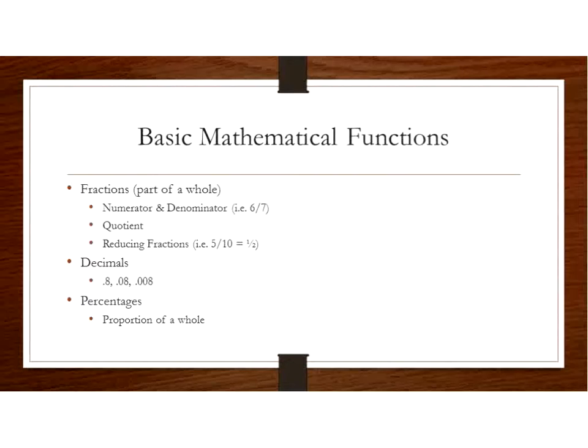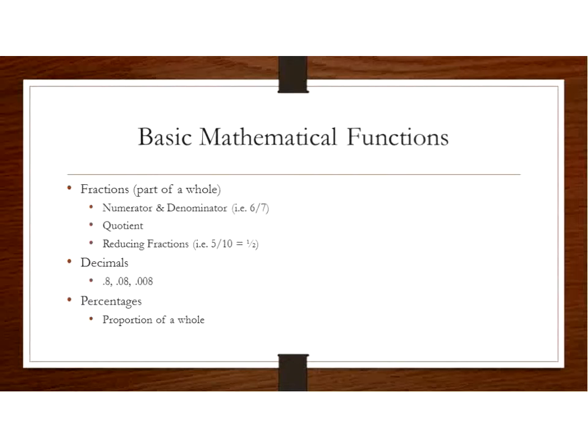This does not change the value of the fraction. You can reduce the fraction by finding a common number to divide both the numerator and the denominator, thus deriving a simpler fraction. You can do this with all numbers except for 0.